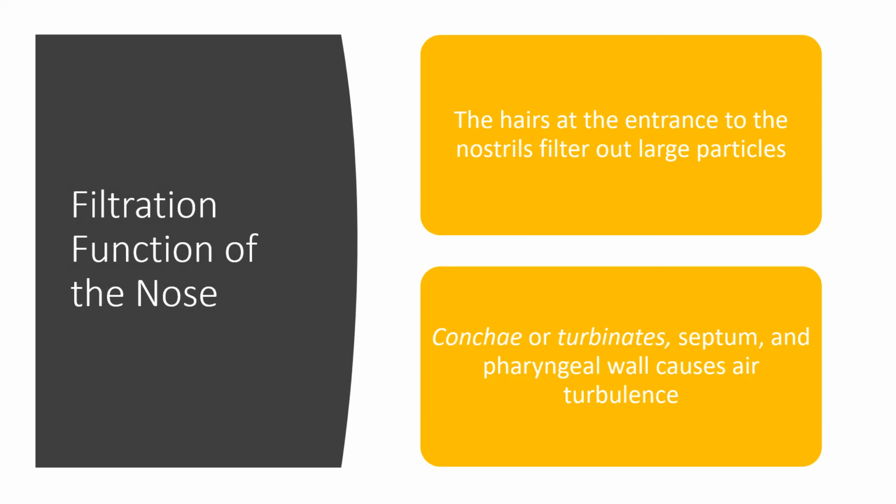The hairs at the entrance to the nostrils are important for filtering out large particles. Much more important, though, is the removal of particles by turbulent precipitation. That is, the air passing through the nasal passageway hits many obstructing vanes, like the conchae or the turbinates, the septum, and the pharynx.